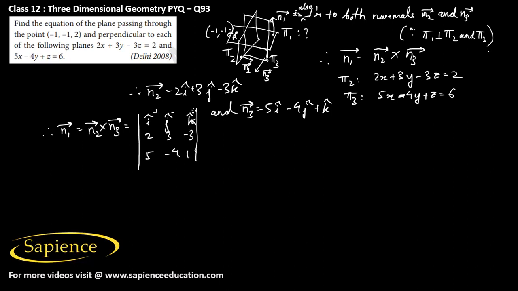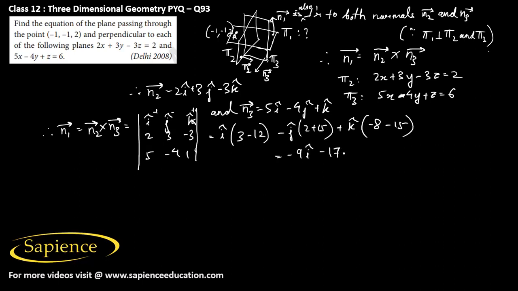So plus, minus, plus. So i cap into that will be 3 minus 12, and minus j cap into this will be 2 minus of minus 15, so it is plus 15, and plus k cap into this will be minus 8 minus 15. So this will be equal to minus 9i cap, then minus 17j cap, then minus 23k cap.